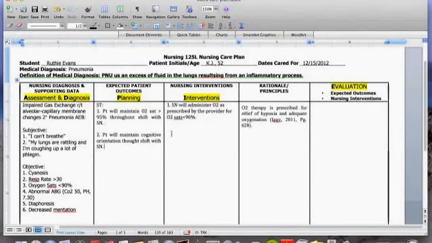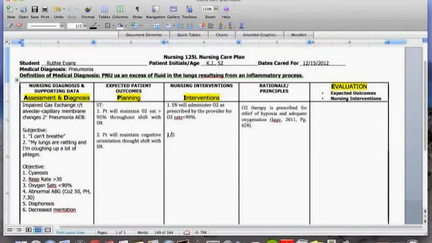Well, we're going to go over to our interventions, and I forgot to say earlier that interventions need to be specific as well, and we need to say the who, what, where, when, why, how of these interventions. So for number 2, we're going to maintain cognition by giving her this oxygen, of course.